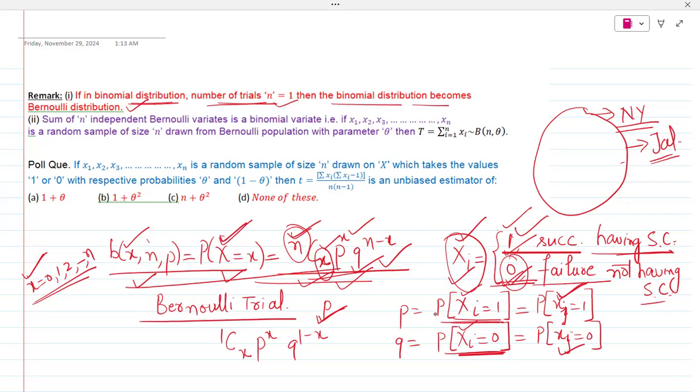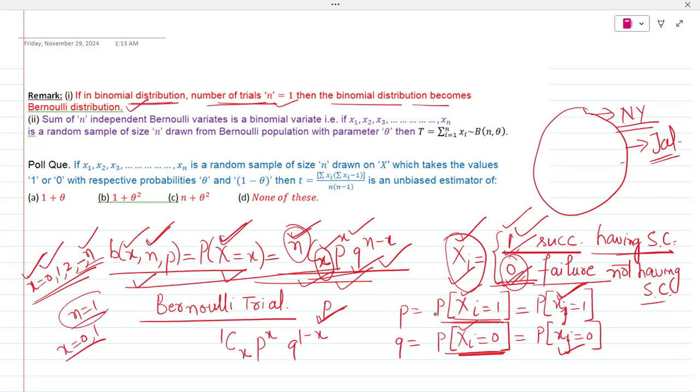So in n independent Bernoulli trials, what is the minimum number of successes? 0. And what is the maximum number of successes? n. So here if n is 1, what will x be? x will be 0 or 1.